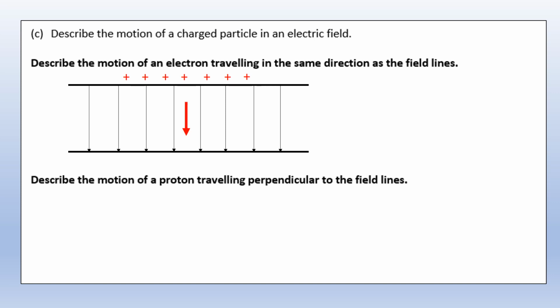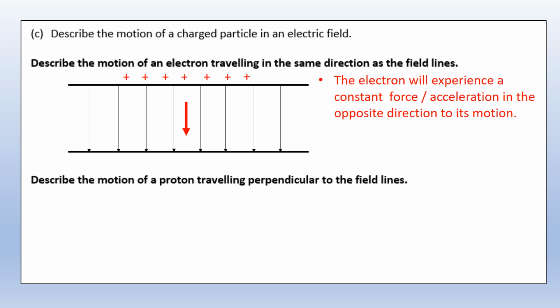Our electron is in the same direction as the field line, so it's traveling that way. But the electron is going to be attracted to the positive plate and repelled by the negative plate. So the electron will experience a constant force, because it's a uniform electric field, in the opposite direction to its motion.